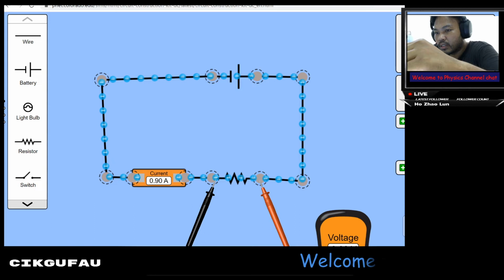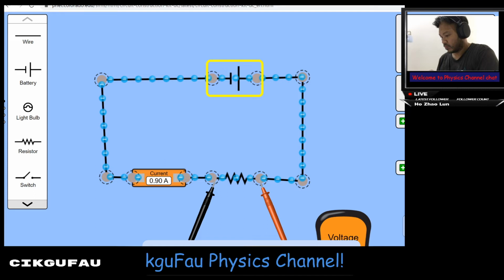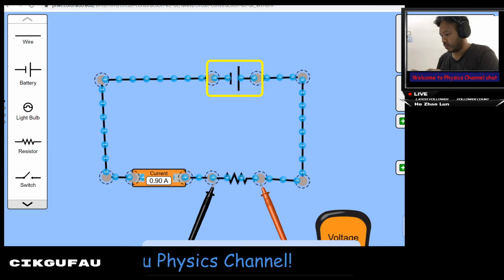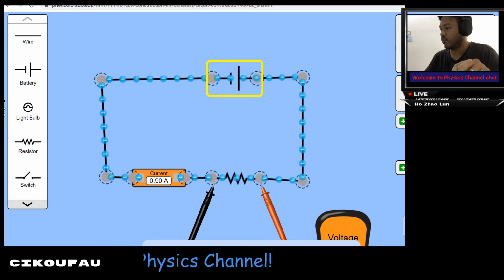So when I increase the EMF, I increase the energy that each coulomb of charge has.